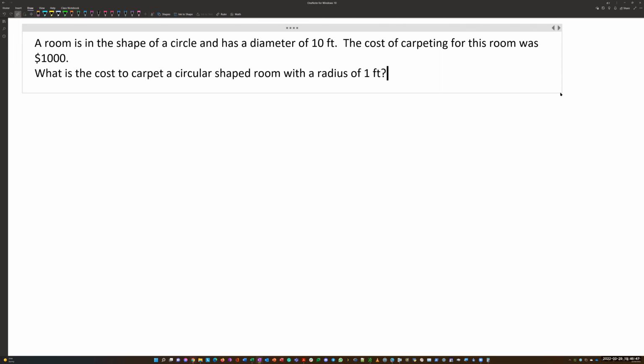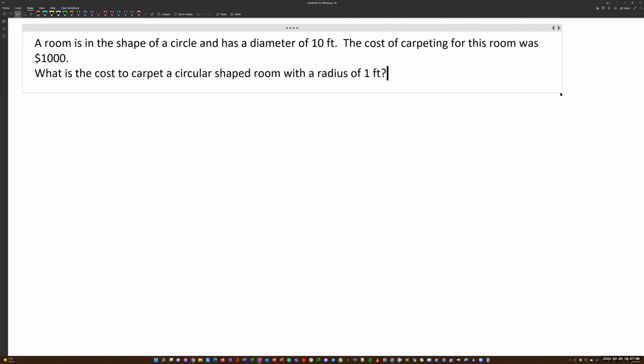So it wouldn't be just a tenth of the cost of 10 feet, right? It doesn't work like that, right? The first one with the given information is 10 foot and the cost is 1,000.